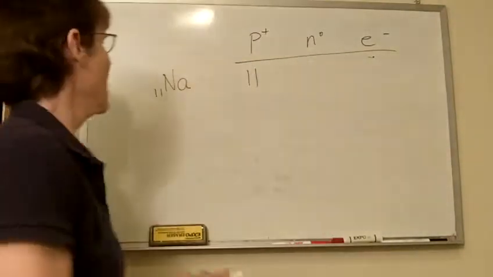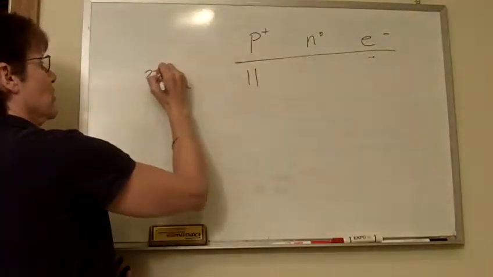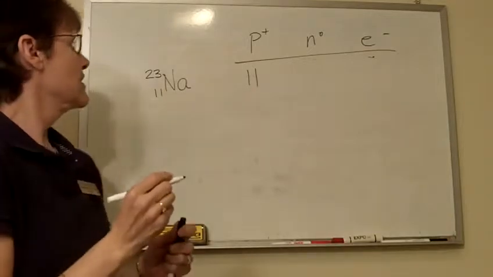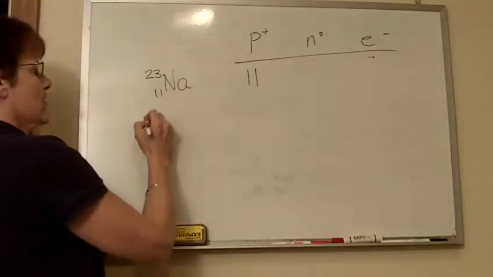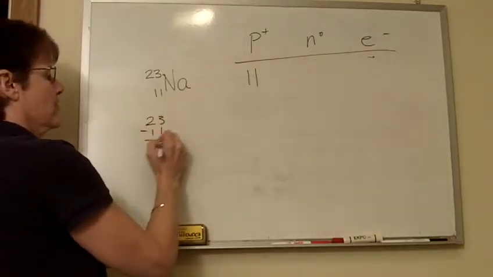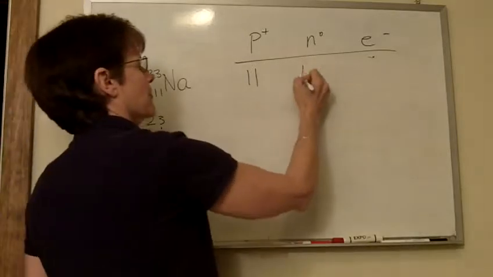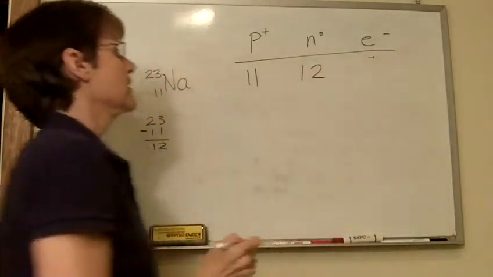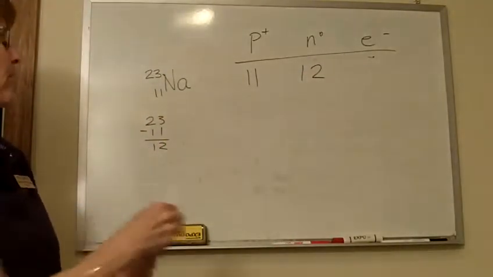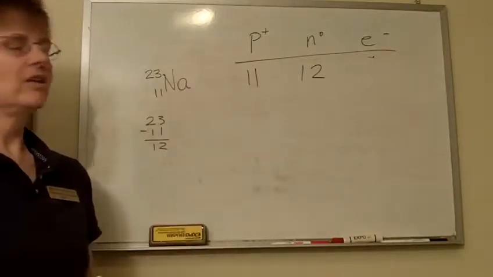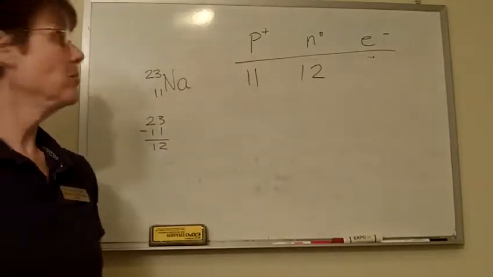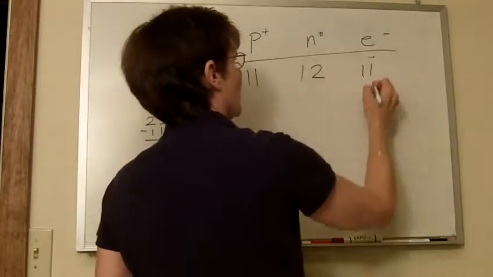So we will say that the mass number is 23. So that means the number of neutrons, 23 minus 11, must be 12. So what do we know about electrons? Well, there's no charge right here, so the electrons and the protons must be the same number. So we'll put 11 over here.